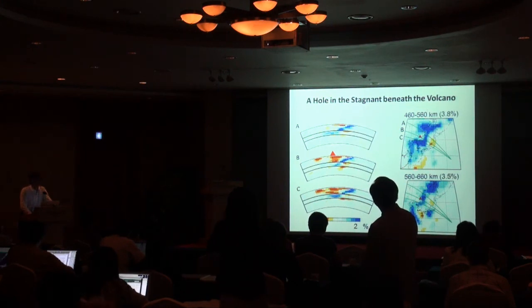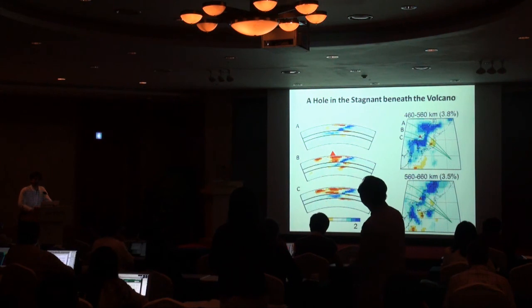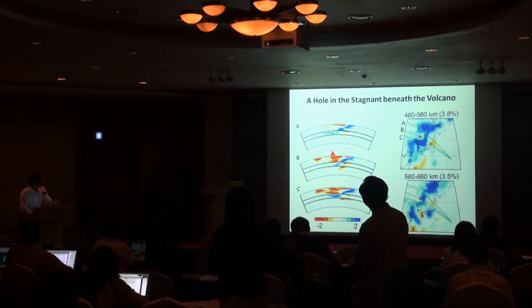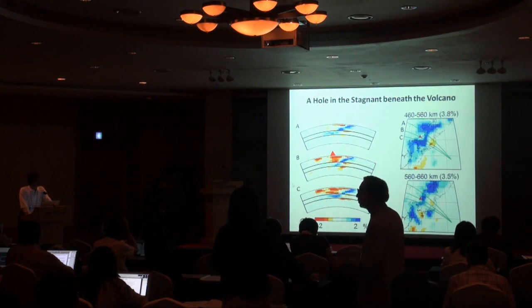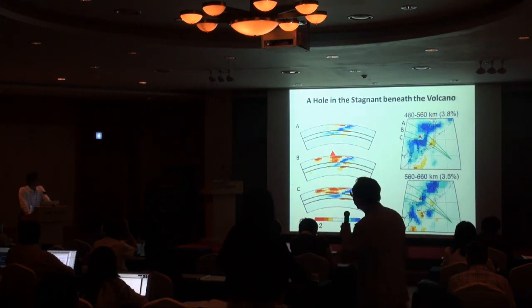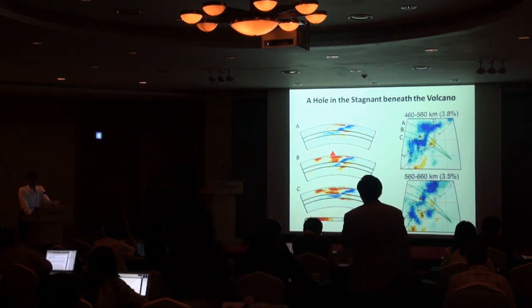Maybe the low velocity anomalies above 410 in this region are not ubiquitous features, but localized features. And for the first question, in this section we can confirm only the subducting slab, and we don't have any stagnant slab, and the hole is not in the slab.